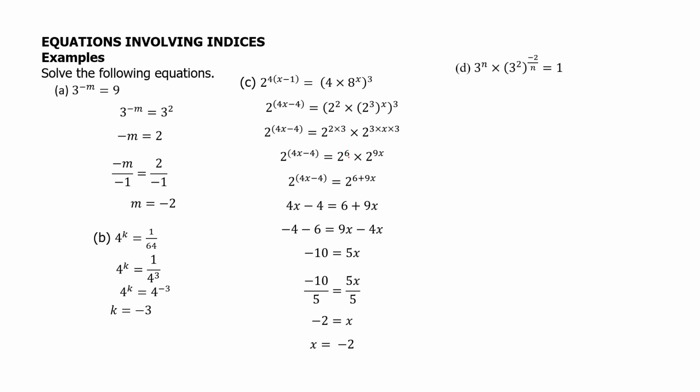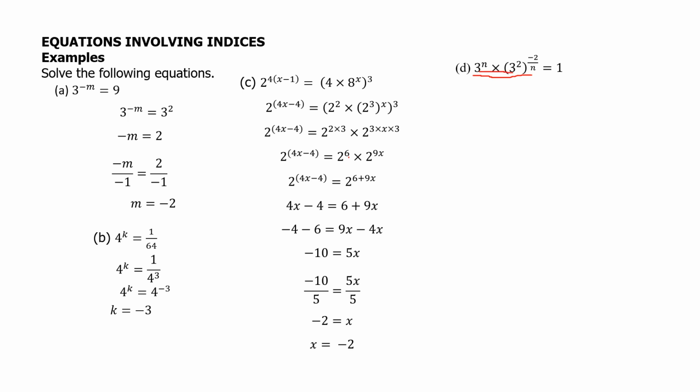When we go to the next part, 3 power n times 3 squared, then to power negative 2 all over n, is equal to 1. On the left hand side of the equation, we are seeing two bases which are the same.